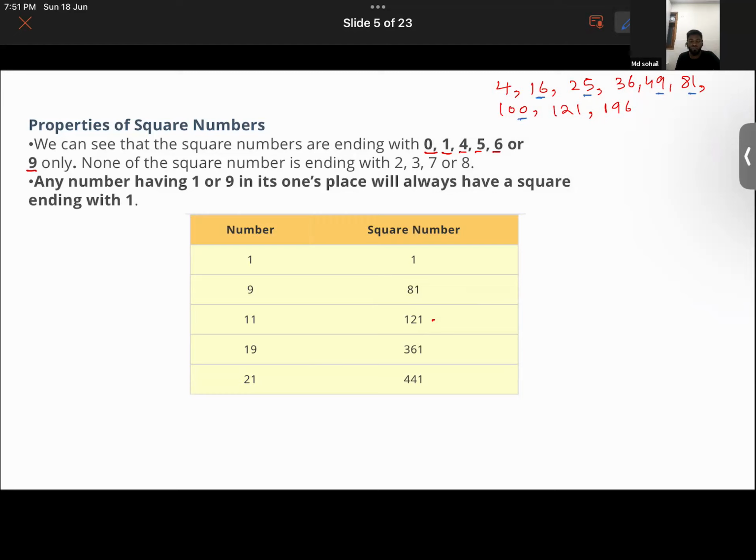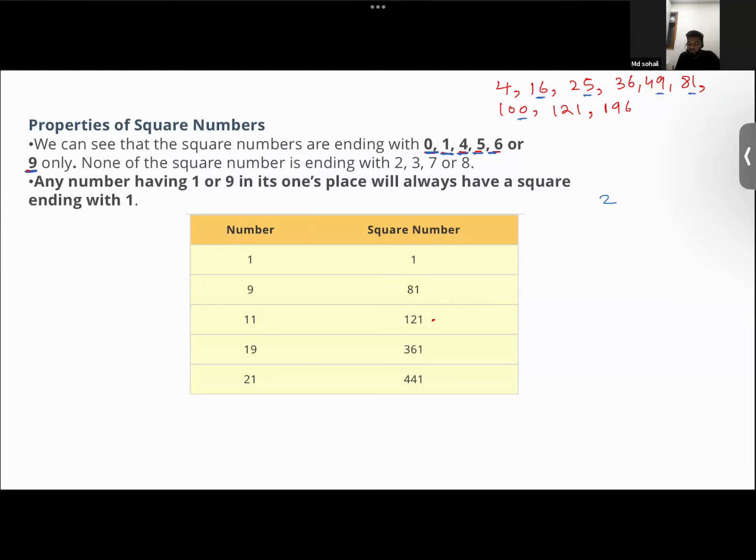The first thing you need to remember about square numbers is that they will end with 0, 1, 4, 5, 6, or 9 only. A square number cannot end with 3. It cannot end with 7, and it cannot end with 2 as well.